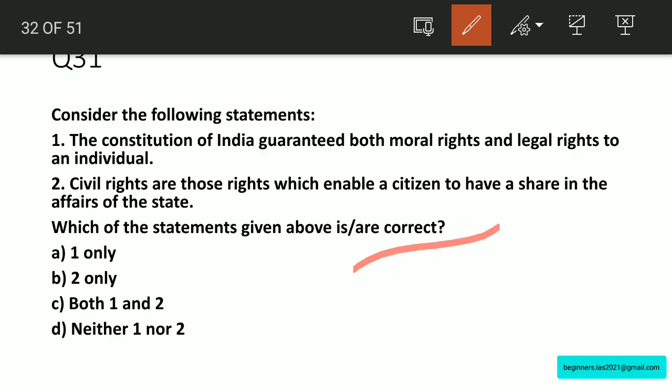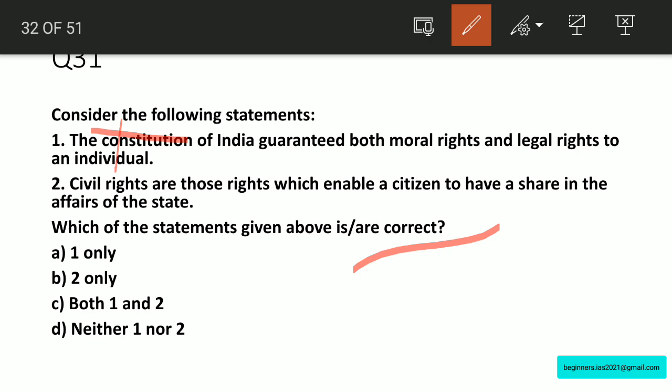Here we have to identify the correct statement. See, if you look at these statements, they look correct. But let us see. The moral rights of an individual cannot be guaranteed by any legal source like the Constitution. Therefore, this statement is wrong.